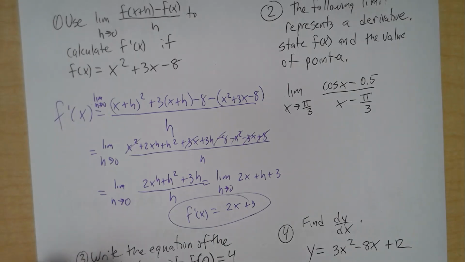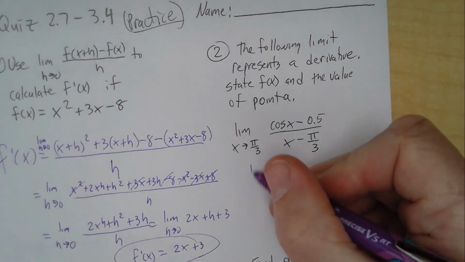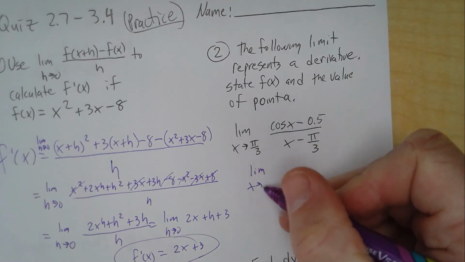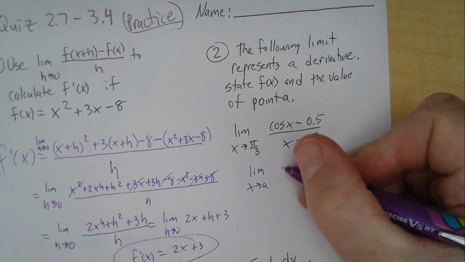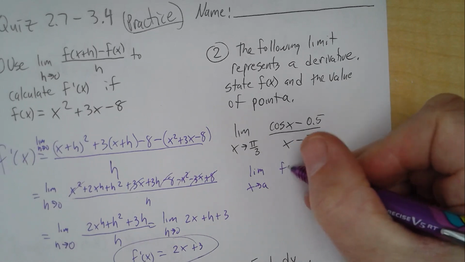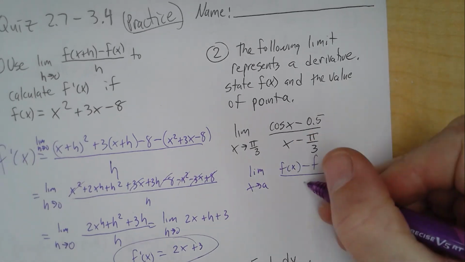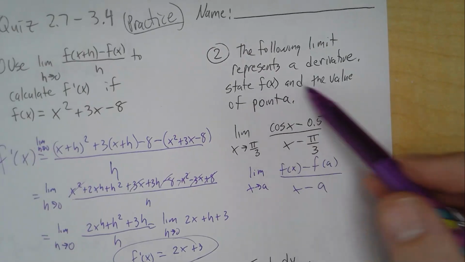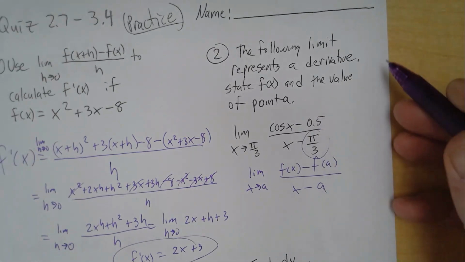Okay, the next one, you have to identify, so this is the other definition of the derivative: limit as x goes to a, at a point, of f of x minus f of a, divided by x minus a. So we have to state the function and the value of the point a. Well, it's x minus a, so that's the place where we're taking the derivative.